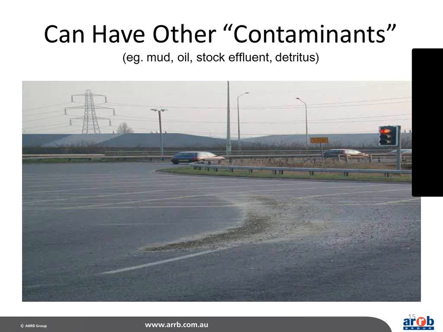But we all know that it's not just water on our network that we need to be careful about. We can have mud, we can have oils, we can have stock effluent in certain parts of the world, and we can just have general detritus. And as you can see on this picture here, we have some general debris from the road, we've got some loose stones on the road, some aggregate from somewhere, and all of these can bring the level of skid resistance, the level of grip, down.